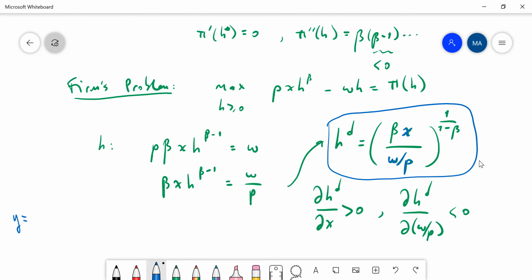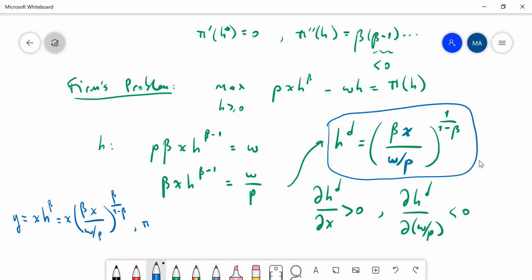In equilibrium, production is X times H to the beta. So you have X times beta X divided by real wage, to the power beta over 1 minus beta. So this becomes your production.